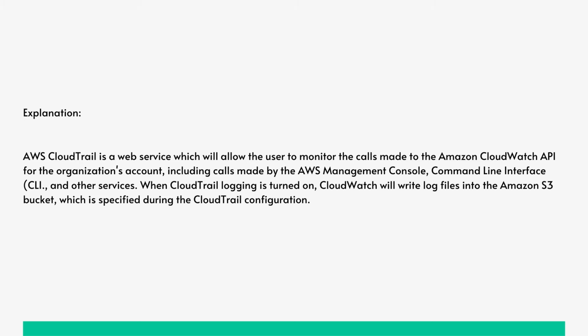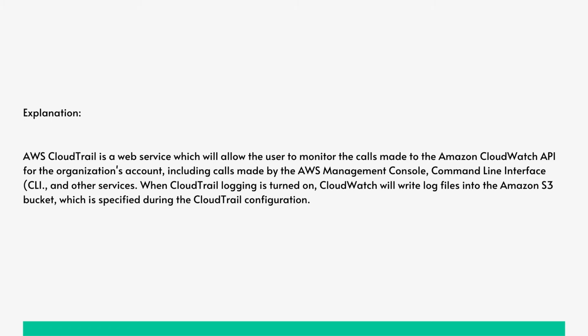Explanation: AWS CloudTrail is a web service which will allow the user to monitor the calls made to the Amazon CloudWatch API for the organization's account, including calls made by the AWS Management Console, command line interface, and other services.